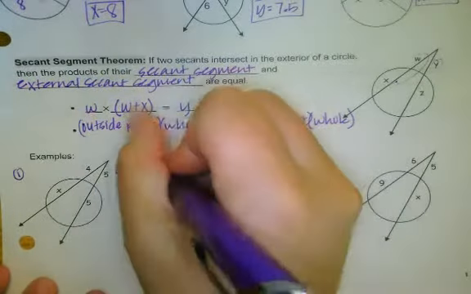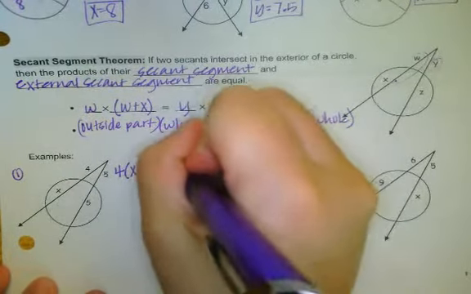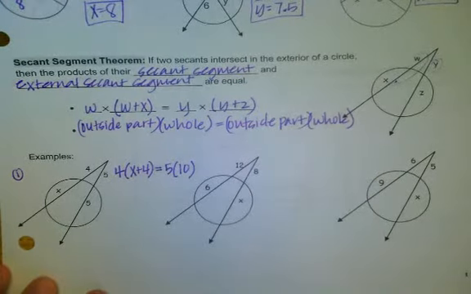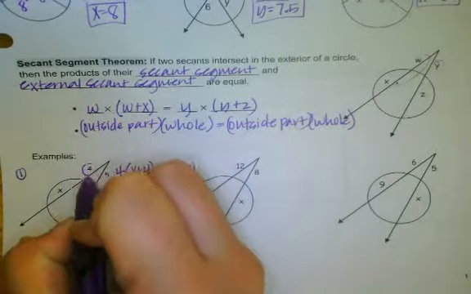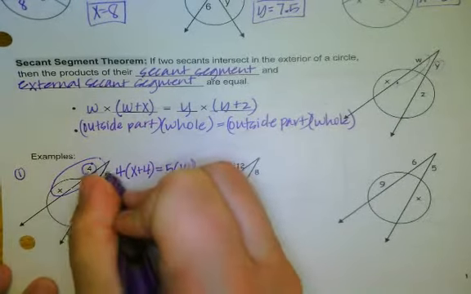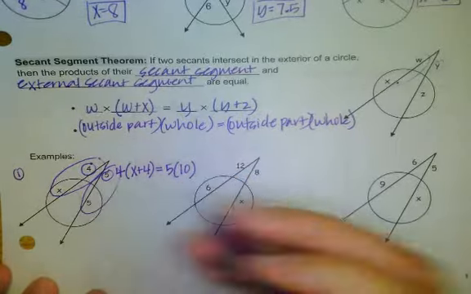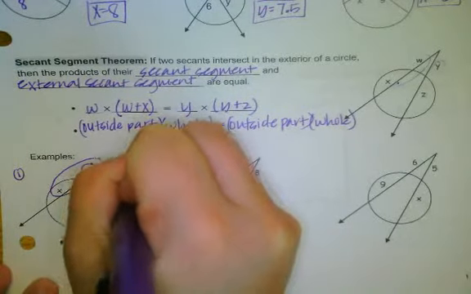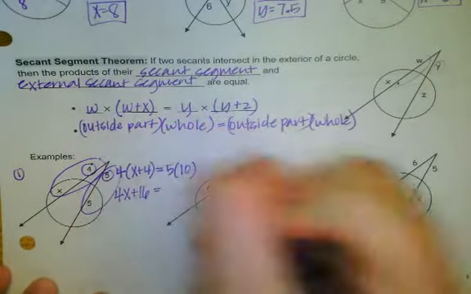Does everybody see how we got that? So you take that outside piece times the whole, outside piece times the whole. So you have 4x plus 16 equals 50, and solve.